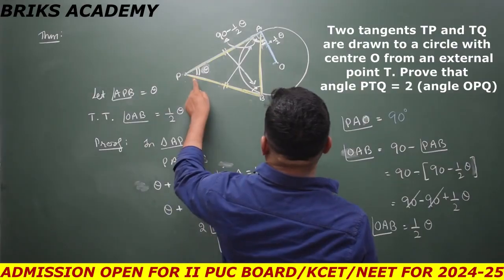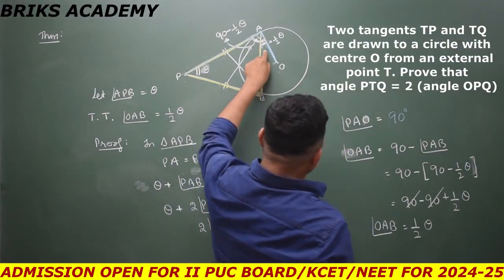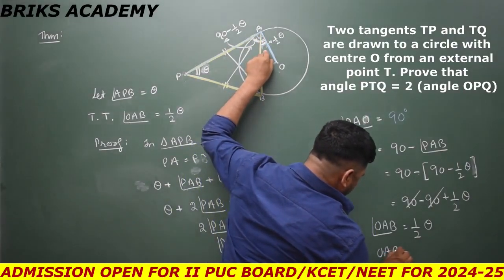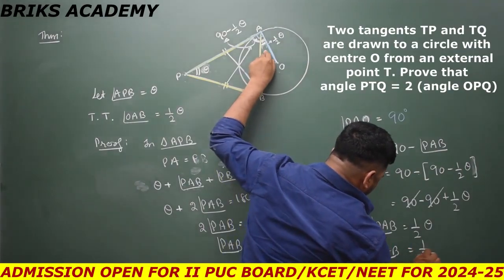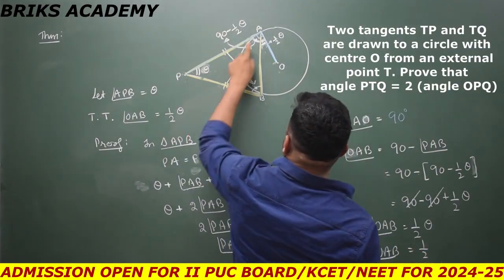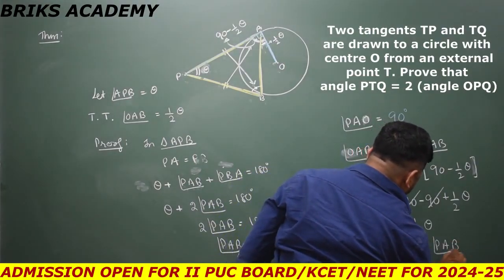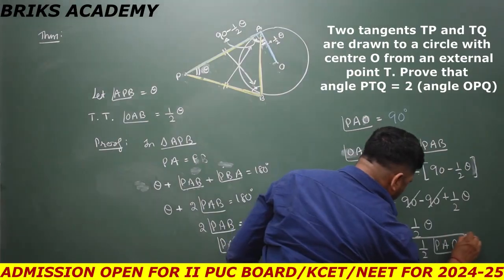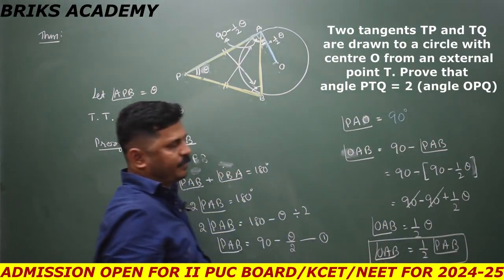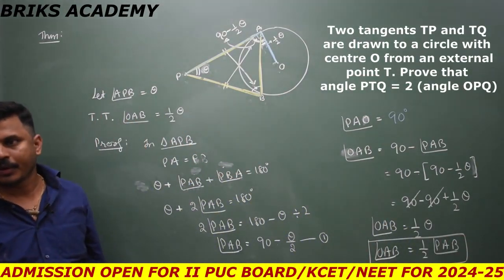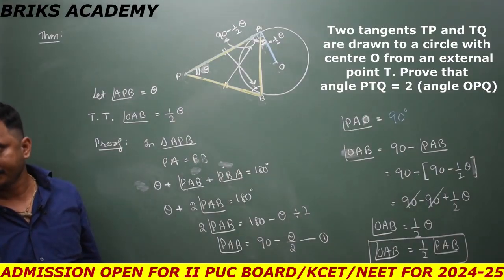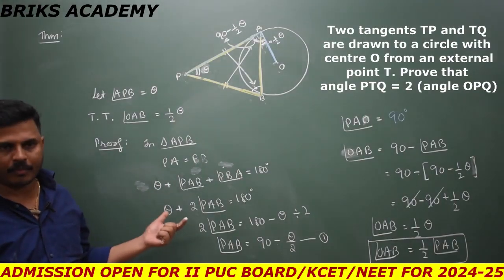What is OAB? This angle OAB, is it equal to half into theta, which is PAB? Is it what they ask you to prove? And treat this as a theorem. Not only proof, treat this as a theorem. Very, very, very important problem.